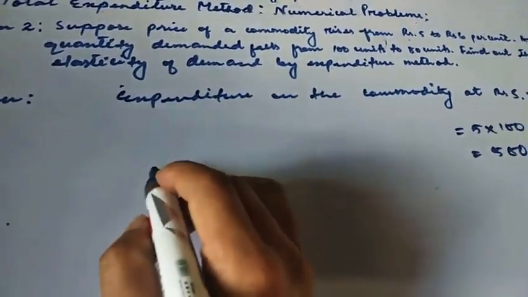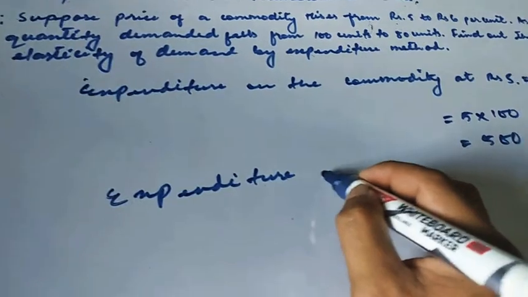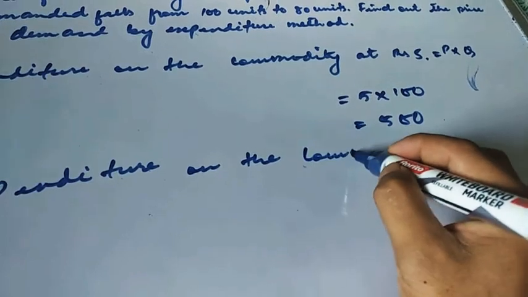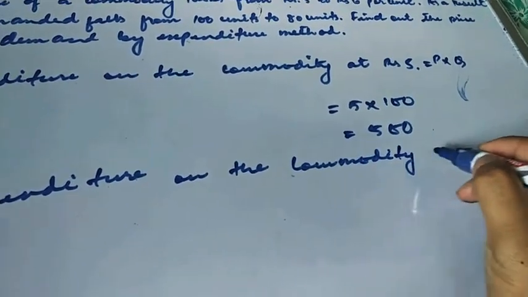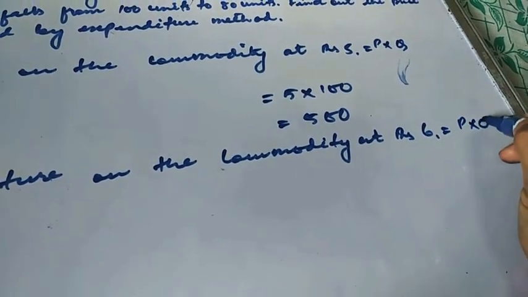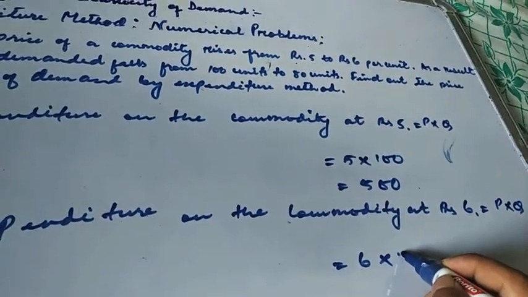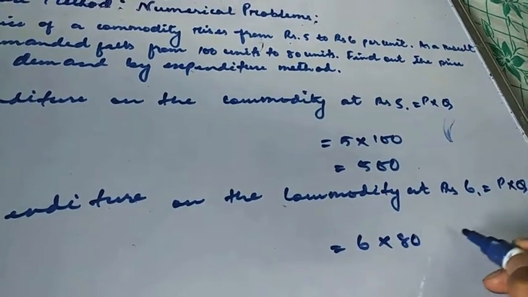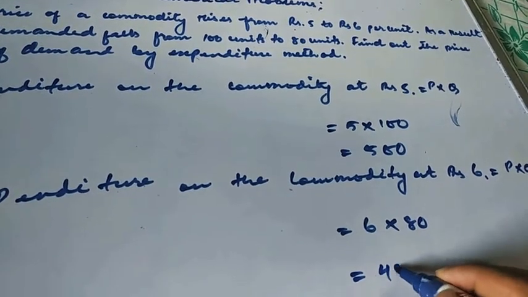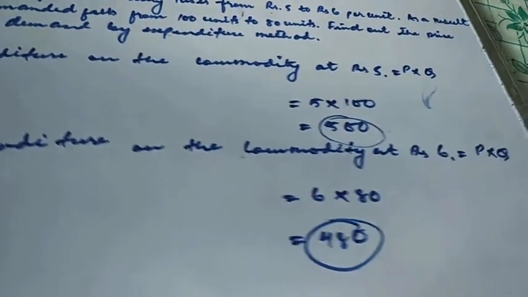Let us see again the expenditure at rupees 6. It is again P into Q, price is 6 into the new quantity, which was 80. So 6 eights are 48, so 480. So we got a different value.